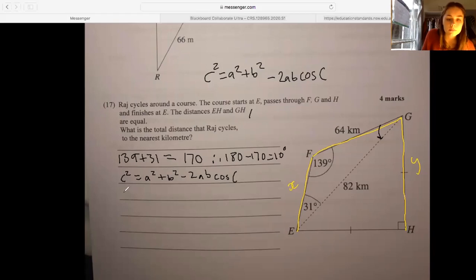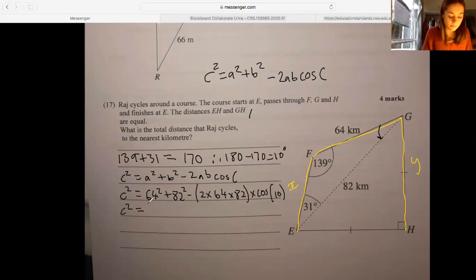Okay, so therefore c-squared equals, so this is our C side, that has to be our C angle, so that's A and B there. I got 408.